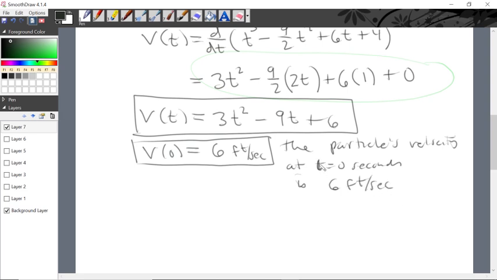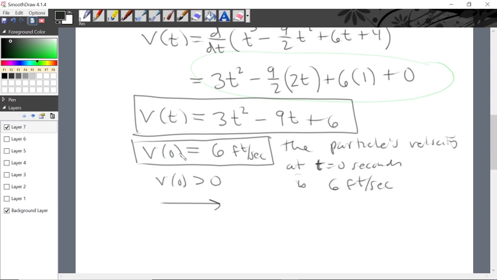So considering that the velocity is a positive number, notice that v of 0 is greater than 0, so we can think that this object is moving probably to the right. If we were to plot it on a number line, we would think it's going to the right, at the instant that t is equal to 0.